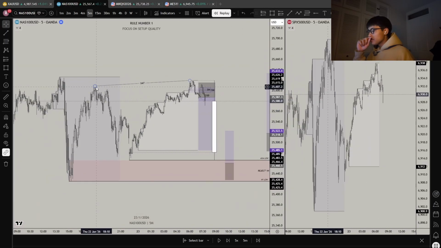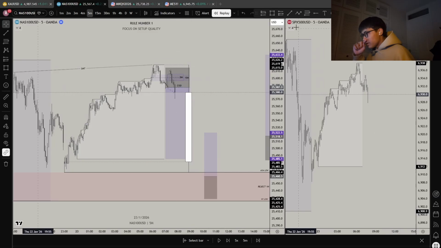And sometimes with SMTs, what I've noticed and what I've learned as well is that sometimes when there is a bearish SMT, you can either buy or sell. It can go any direction. It doesn't really matter the direction of an SMT for me. An SMT just indicates that price is about to reverse, basically, and you need to add in all of your other contexts to properly use SMTs.